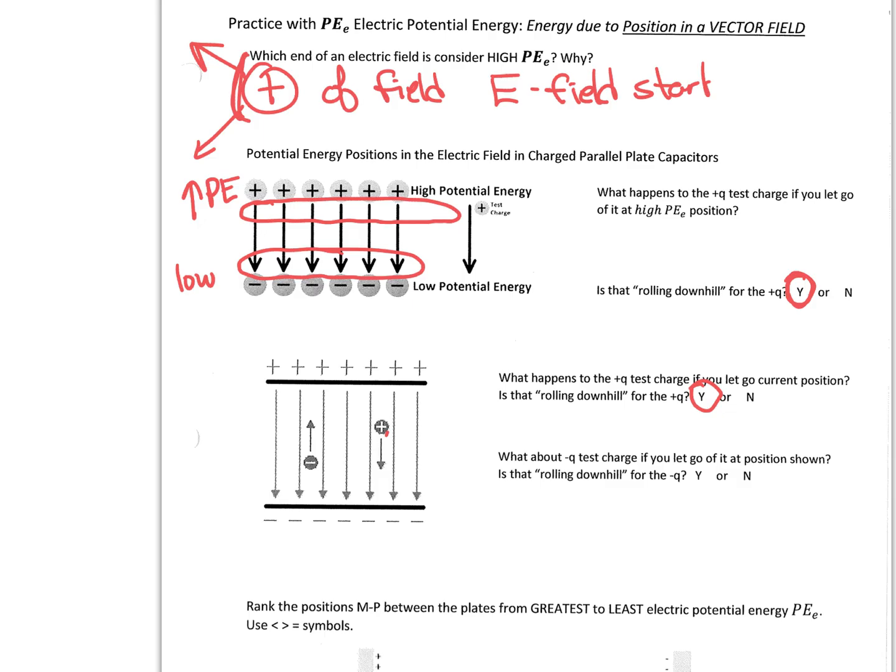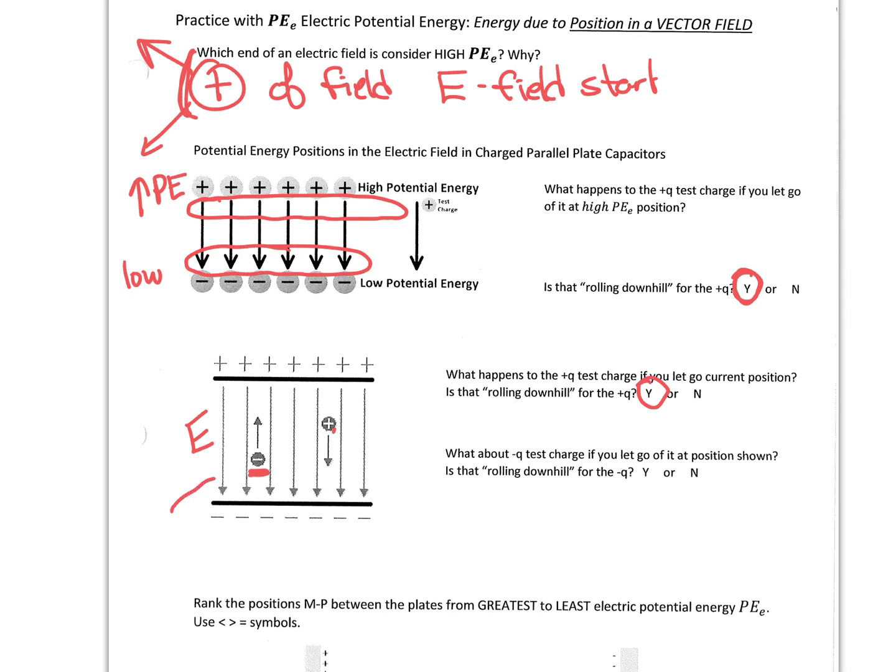What about a negative charge in this E field? What if you put a negative on this end? Now, we didn't talk much about negatives, but which way would a negative get pushed in an E field? It would get pushed against the E field. So believe it or not, an electron that's close to the negative has high potential energy here.